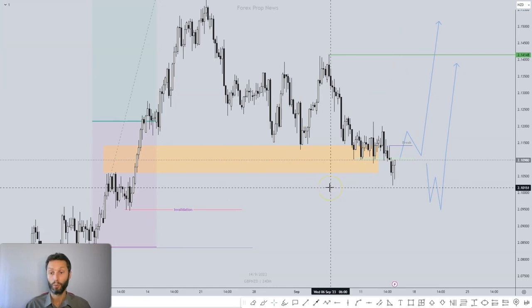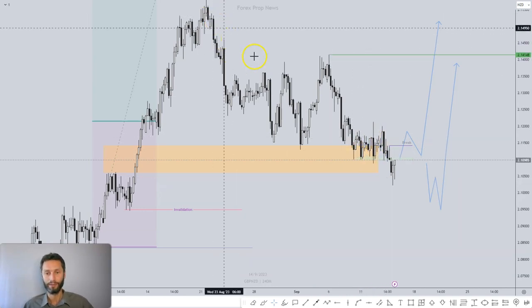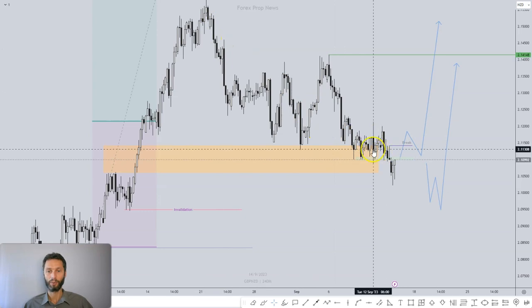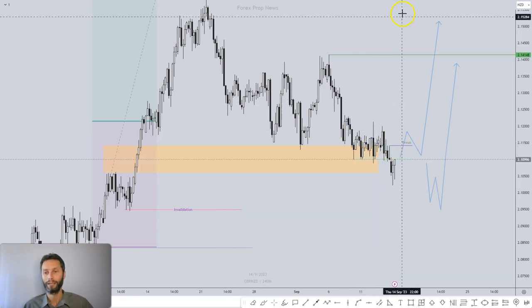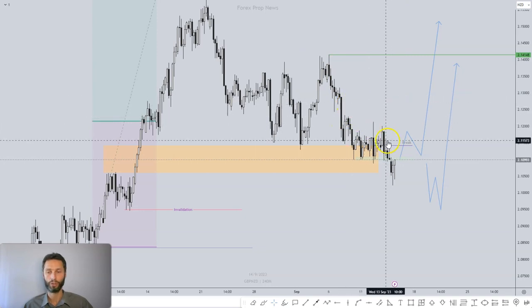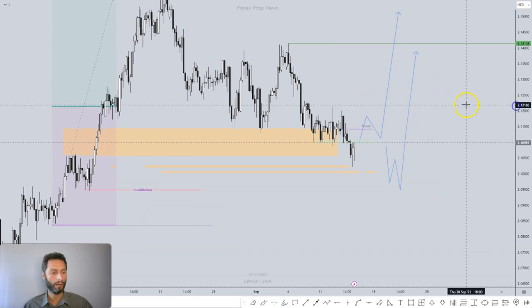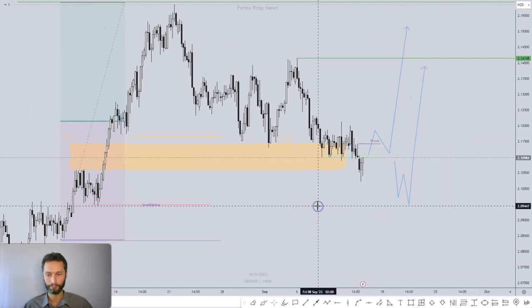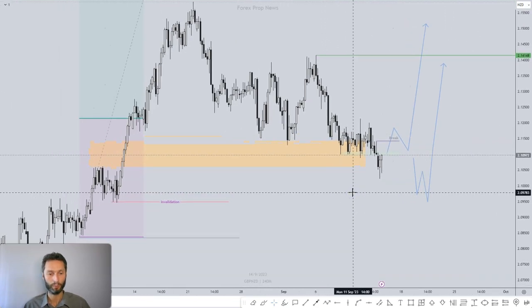Let's see whether we are now going to get that move. And finally, this retracement will end and we will head back in to new highs or break of these significant structures. As you can see, all of these structures to the left. And that's the pound New Zealand. Looking good for now.